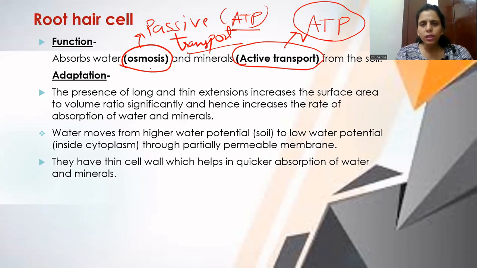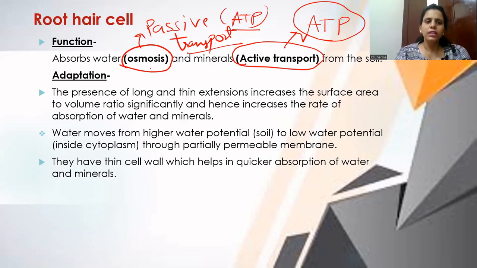Hence, in the root hair cells many mineral ions are already present. That's why the concentration of mineral ions is higher in these root hair cells compared to the water around the root. Hence remember this very important point: water is absorbed by root hair cells by osmosis, and mineral ions are absorbed by active transport against the concentration gradient.